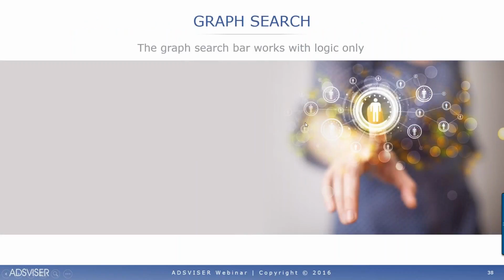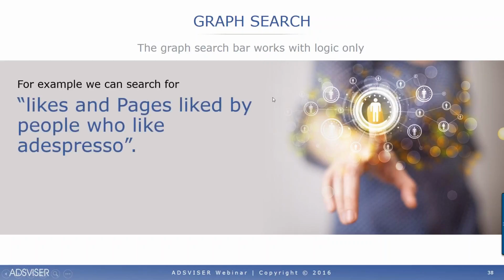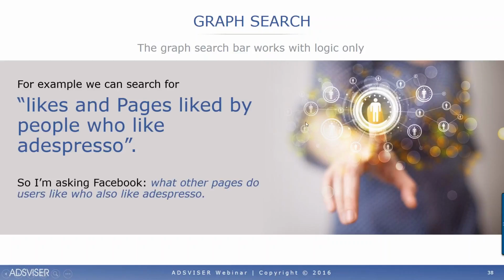So for those of you who have graph search, which means you need the US English set up within Facebook, in the top left-hand search bar, if you type this in, "likes and pages liked by people who like Adsviser", it's a bit of a tongue twister, but what we're asking Facebook is, what other pages do users like who also like Adsviser?